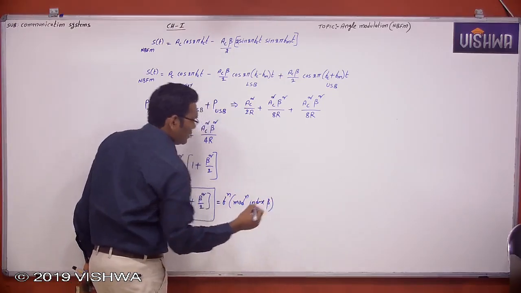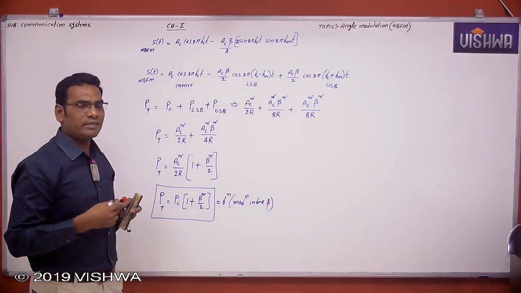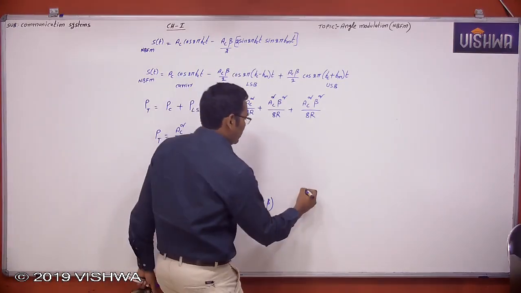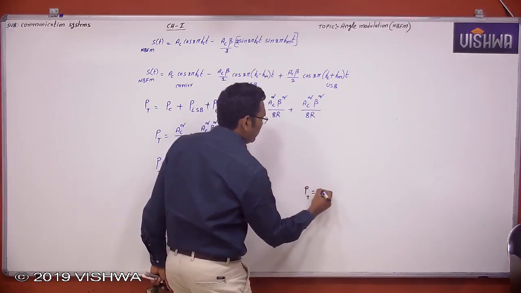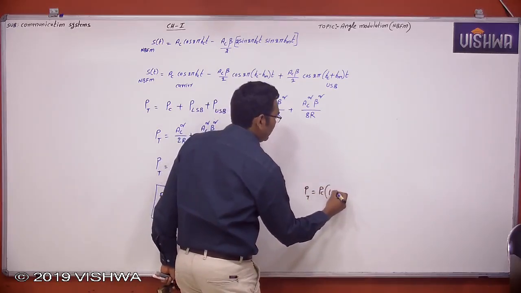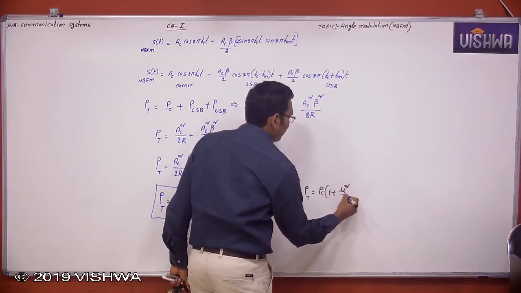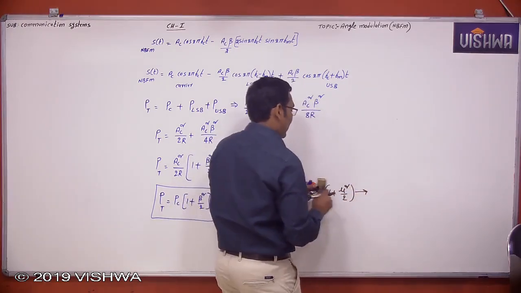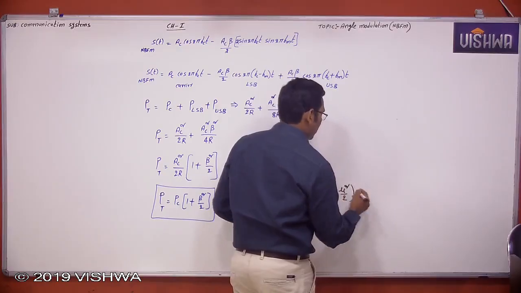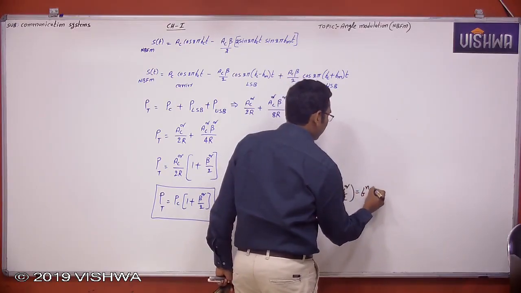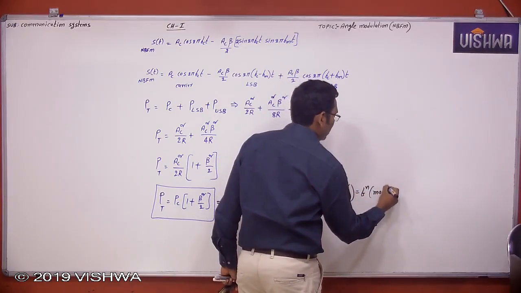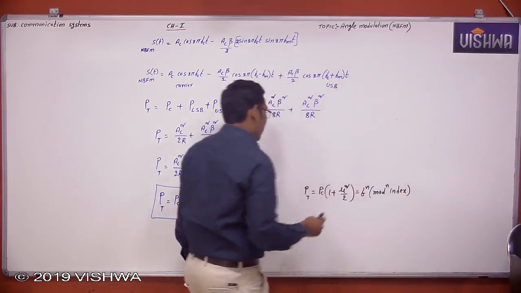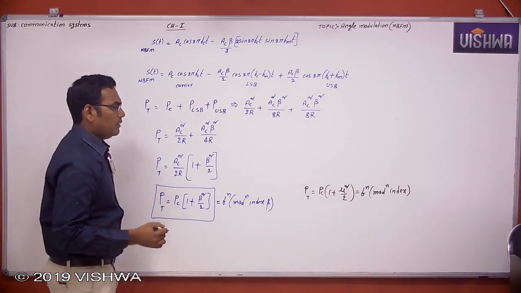Now similarly, can you see the same power somewhere? The total power is equal to Pc into 1 plus mu squared by 2. This is the total power required to transmit an AM signal, and this is also a function of modulation index.